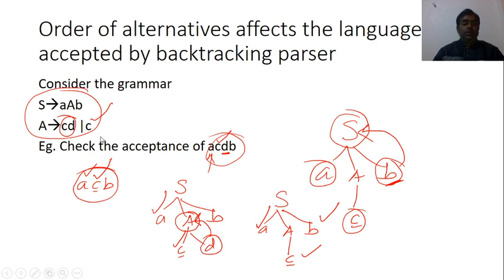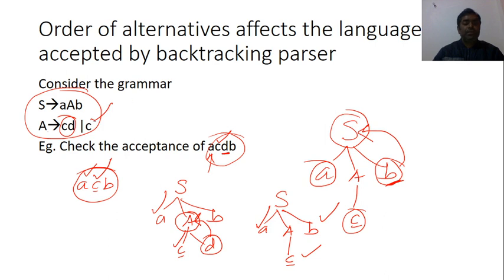That means when I am using the backtracking parser, we have to fix a method to decide the alternative. If I am not using the right alternative, in that case we will get the error also. You can see here our string ACDB was accepted, but when I am using the wrong alternative, it derives to C, it will just announce that this string is not accepted by the grammar.